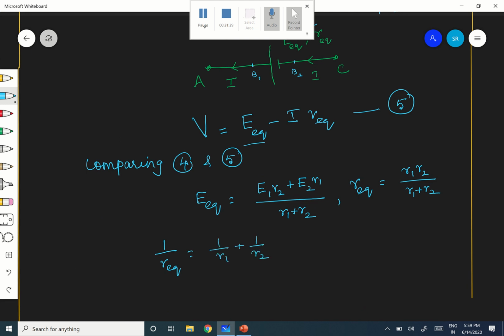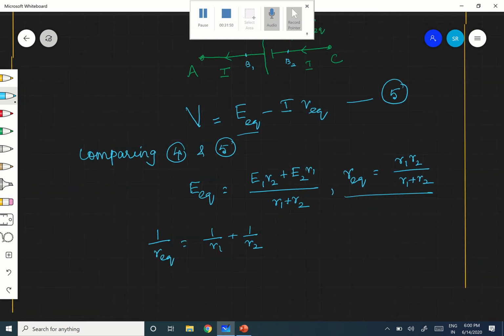That is why you are getting R equivalent equal to R1 R2 divided by R1 plus R2. So very simple. We have got the expressions for the equivalent internal resistance and equivalent EMF with respect to only 2 cells.